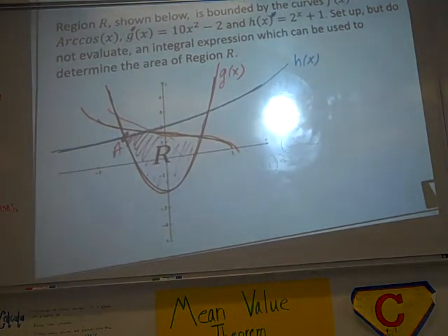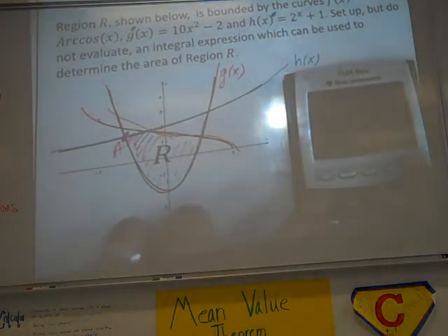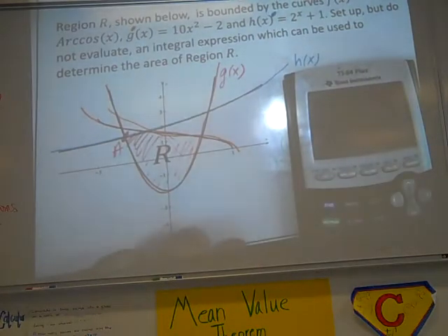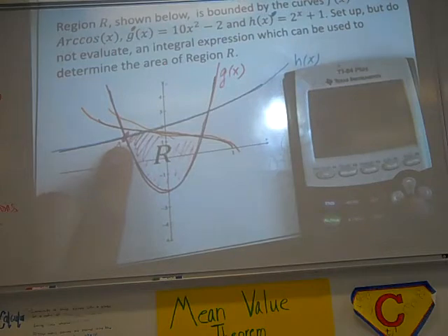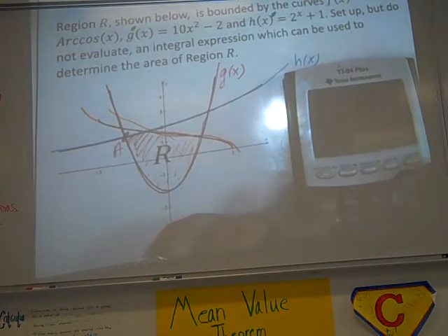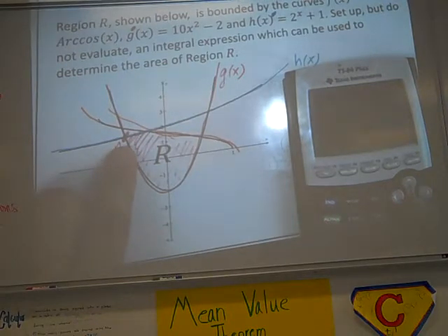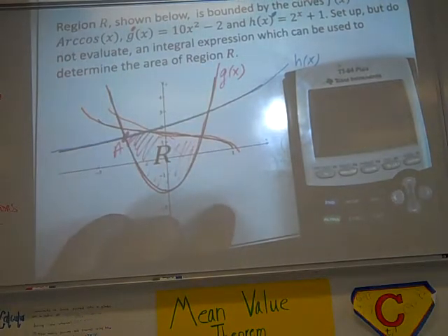So on my calculator, I'm going to use the second calc feature. I want an intersection of the parabola, that's the second one I've graphed, so we need y2, and the third function, which is 2 to the x plus 1.